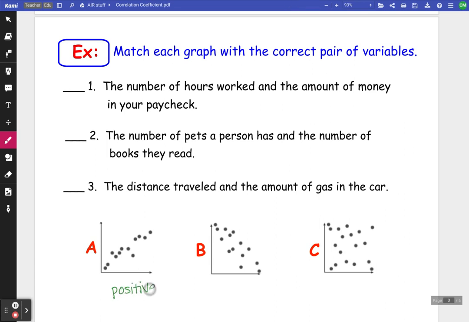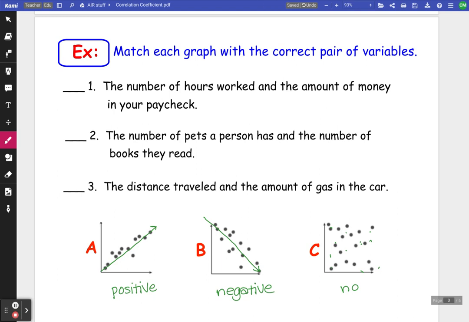It's not perfect, but in general, there's kind of a positive, an increase, it's going up. In this second one, it's kind of a negative correlation. It's kind of going down. It's not great because you can see it's still kind of all over the place, but it's going down from left to right. And this last one looks like there's no correlation because literally that's just a bunch of points all over the place with no pattern.